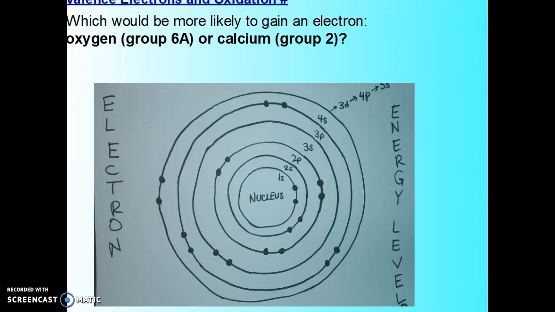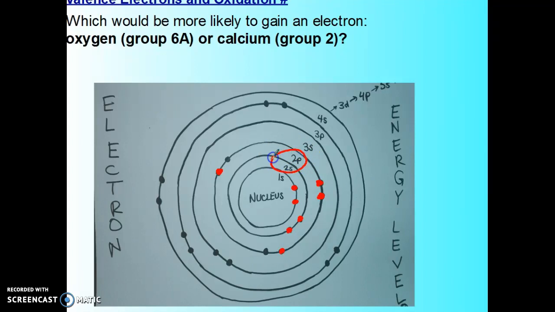Oxygen is element number 8 on the periodic table. So that means it would have 8 electrons when it is not an ion. So I'll start filling up. I've got 1, 2, 3, 4, 5, 6, 7, and 8.